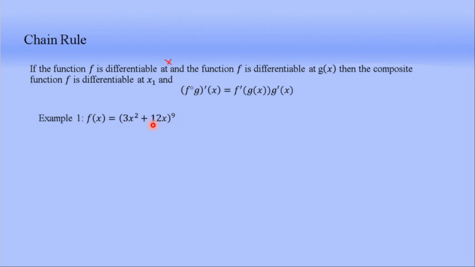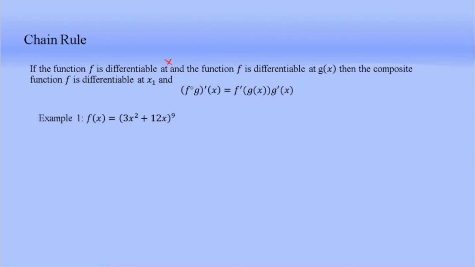So what is the first function that we are pertaining to? It is this power right here, the ninth power. That is a function. And inside this function, there is a function of 3x squared plus 12x. So how are we going to find the derivative of this function?